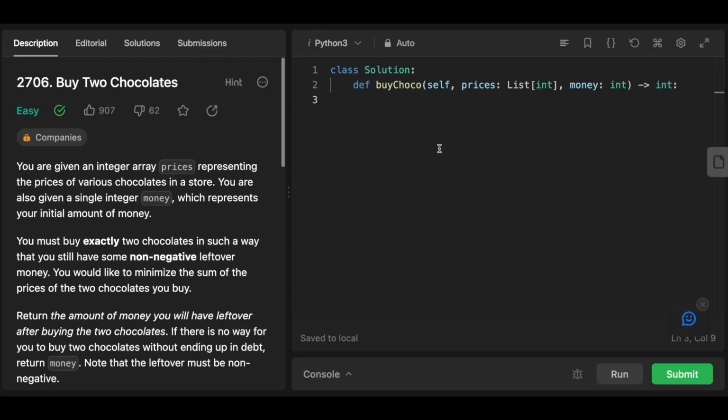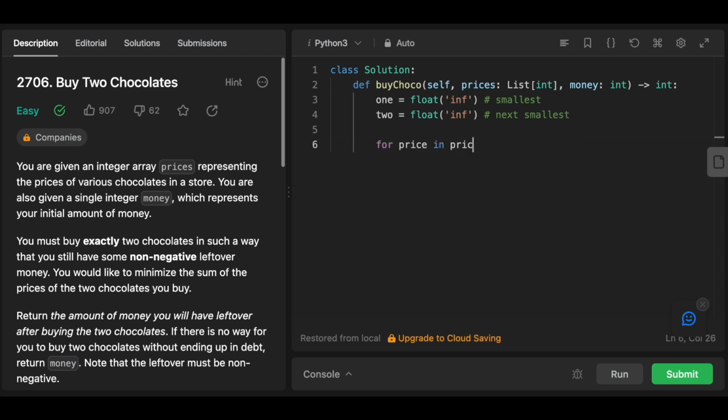All right, now let's translate that to code. What did we do? We had some initial value here, 2, and this is the smallest, and next smallest. All right, and then we did for price in prices. First, we check is the current price, is this less than our smallest price?